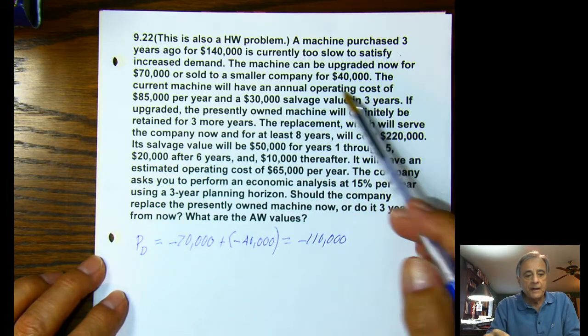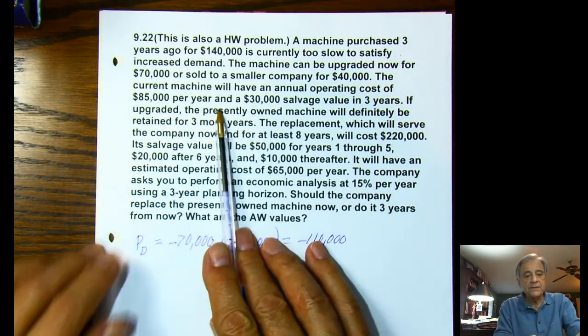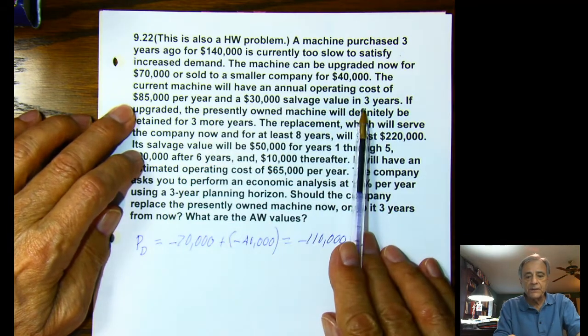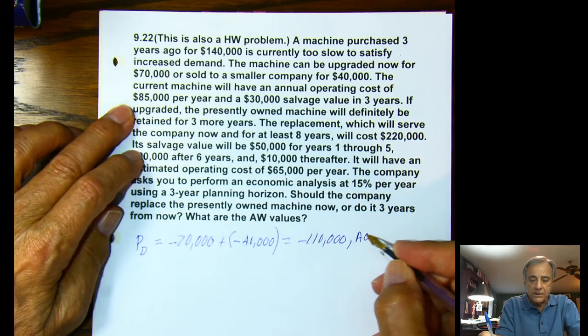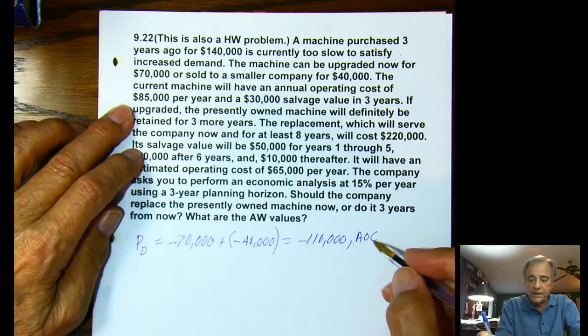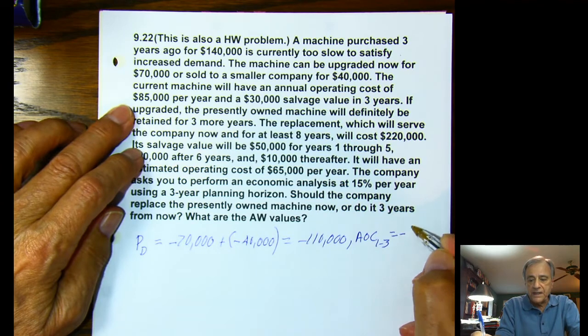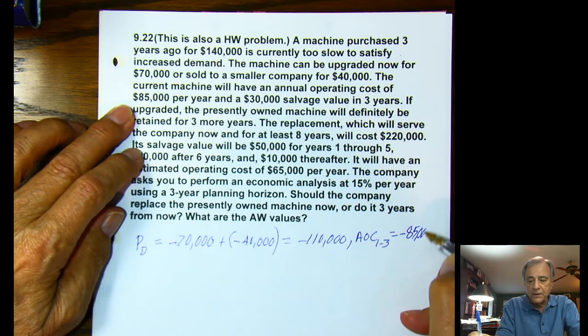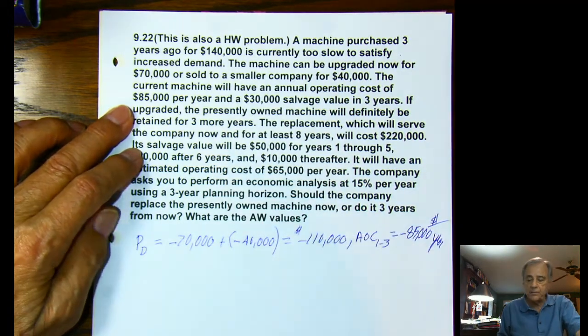Okay. The current machine will have an annual operating cost of $85,000 a year and a salvage value of $30,000 in 3 years. So AOC, he didn't say over what years, but I'll assume that's years 1 through 3, of minus $85,000 per year. These are just dollars here, not per year.